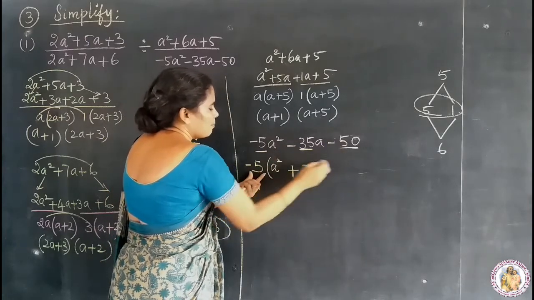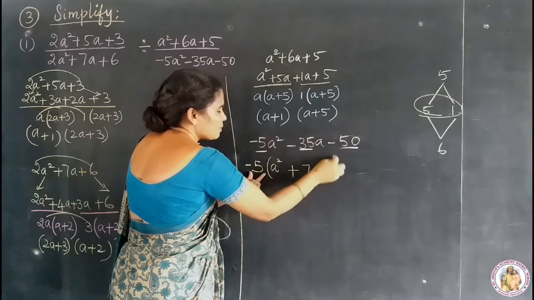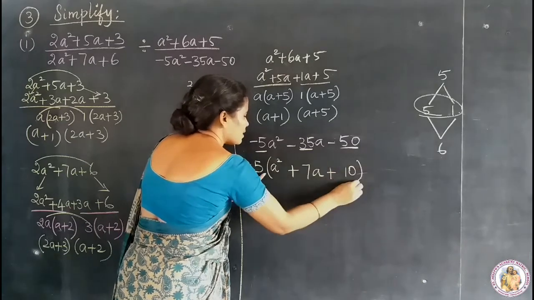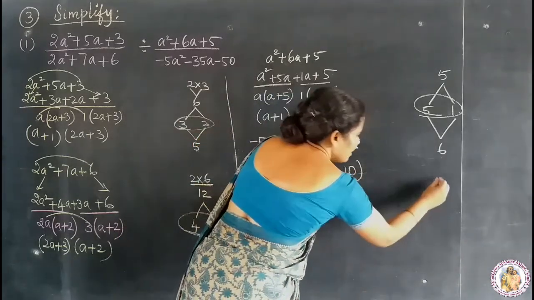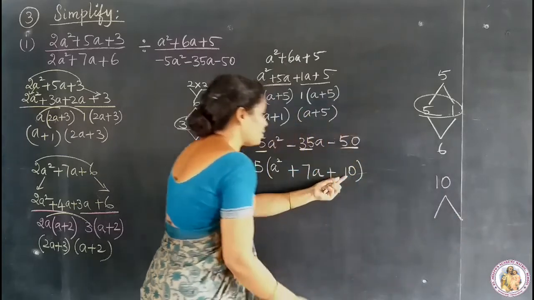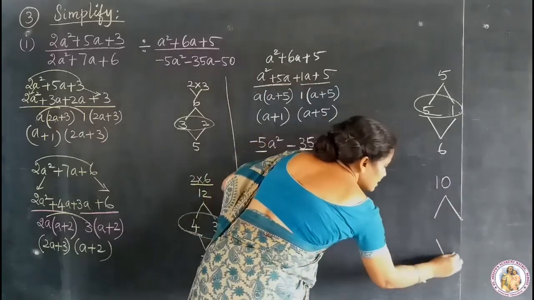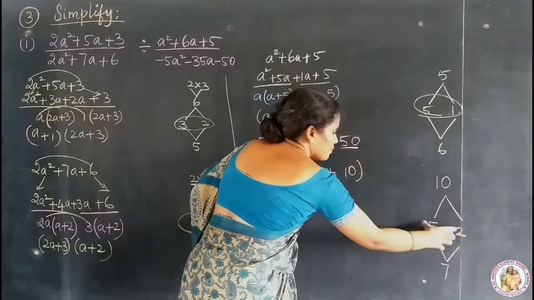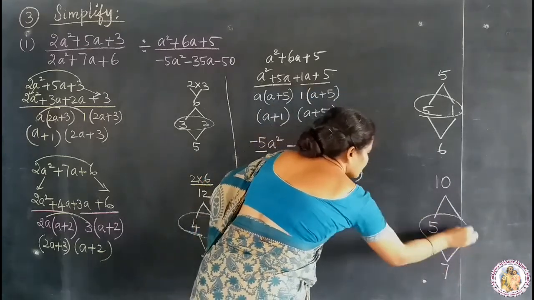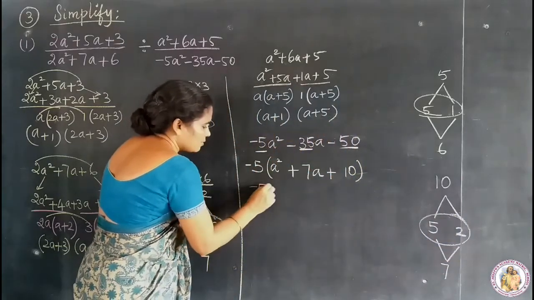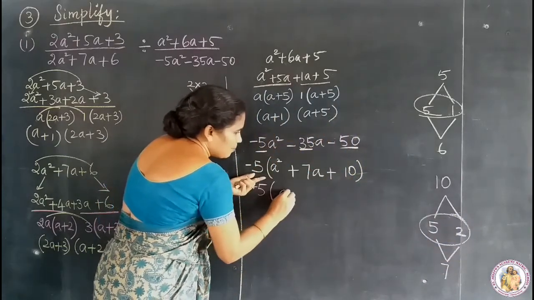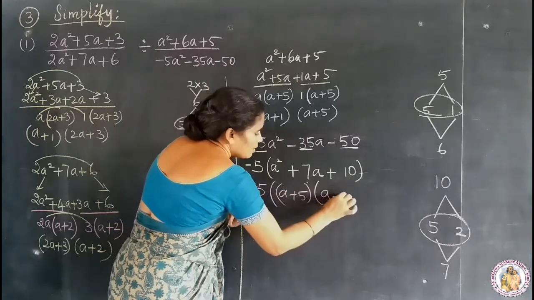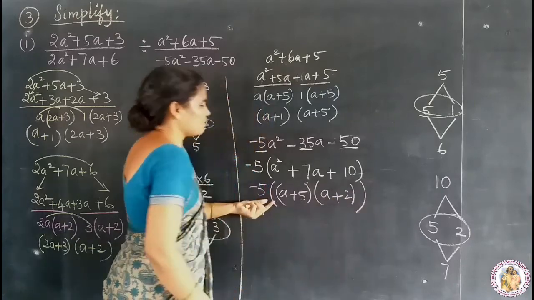And here if you put minus, it will become minus into minus, plus, so write plus. 10 5s are 50. Now take 10, and if you multiply you must get 10, if you add you must get 7. So 5 2s are 10, 5 plus 2, 7. Minus 5, right? a plus 5 and a plus 2 as one factor.